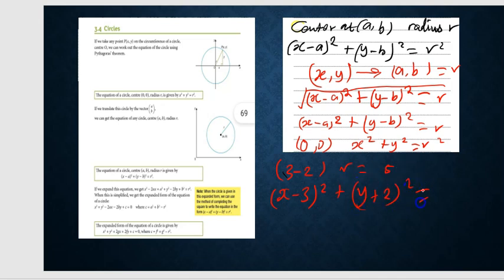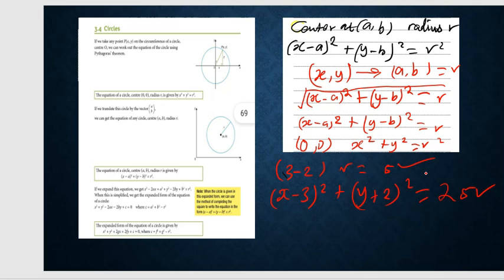So this must be equal to r squared, which is 5 squared, 25. So this is one of the ways we can easily substitute in terms of finding the equation of a circle with the center. So how is it used in coordinate geometry?